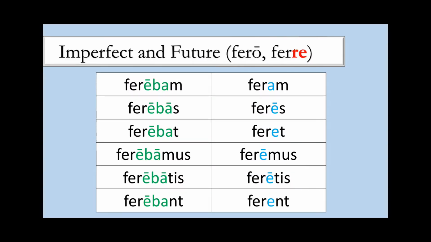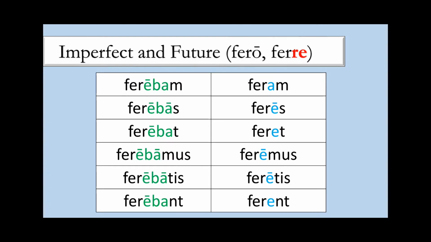In the present system, the word behaves quite normally as well. Although the infinitive looks strange, fero, ferre is a member of the third conjugation. Therefore, in the imperfect and the future, fero uses the EBA, imperfect, and the A and E, future.